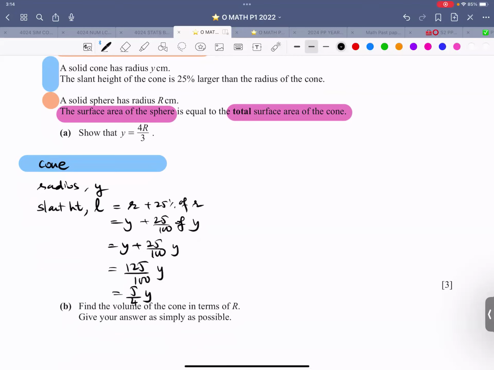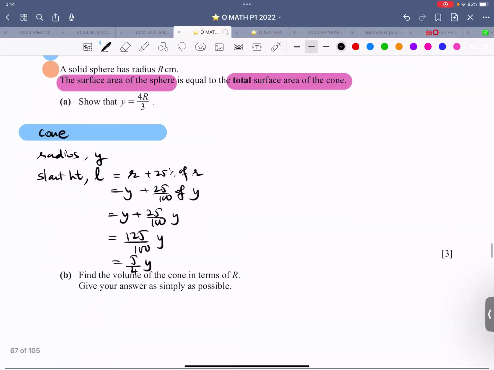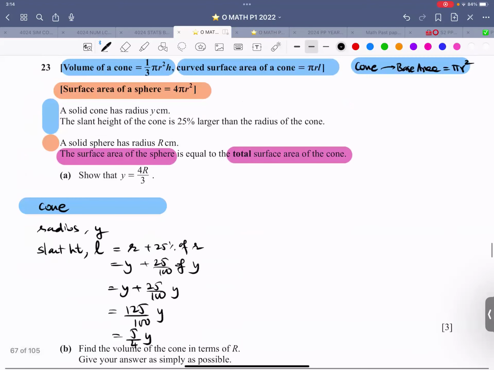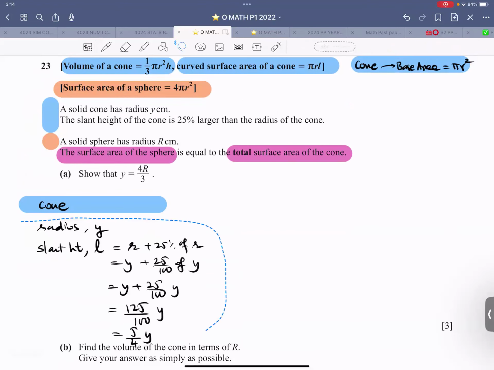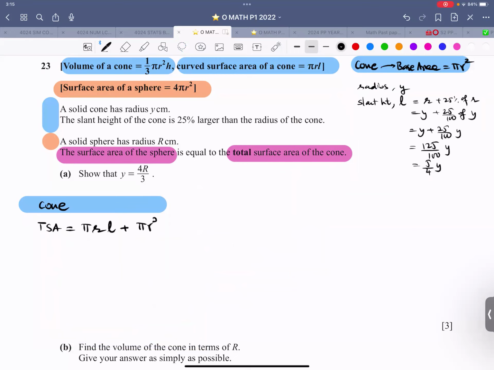Okay. What else is there? Then they are asking the surface area, but before that, for the cone, I think I'm running short of space. So let me just grab this thing. In the examination, I have to think about it first. So this should be done over here. Now in the cone, the total surface area is pi r L plus pi r square.